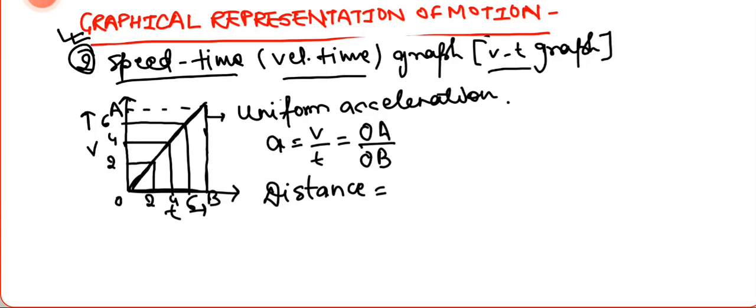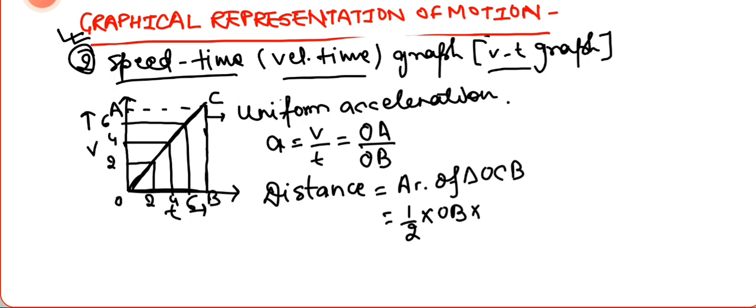Let us consider this is C, so OCB. So the distance is equal to the area of triangle OCB, which is 1 by 2 into base, base is equal to OB, multiplied by height, which is BC, or you can also write OA. So we have got the acceleration from this, and we have got the distance as well.